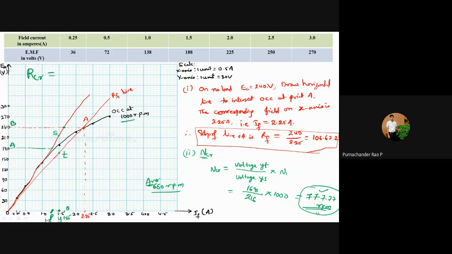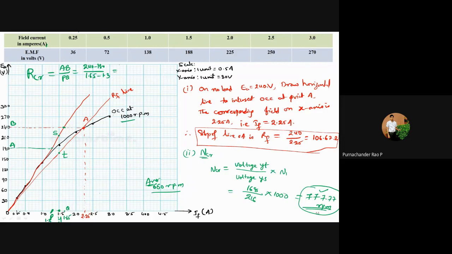So RCR is equal to, you have to measure this voltage, AB. So RCR will be equal to AB divided by PQ. So how much voltage is AB? This is 240 minus 180, divided by the field current, which is 1.65 minus 1.3.